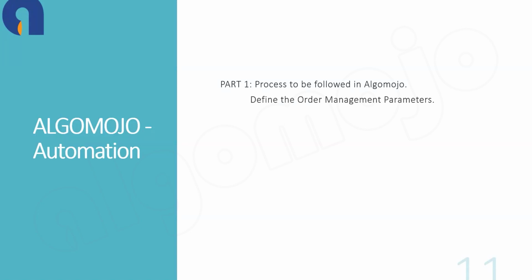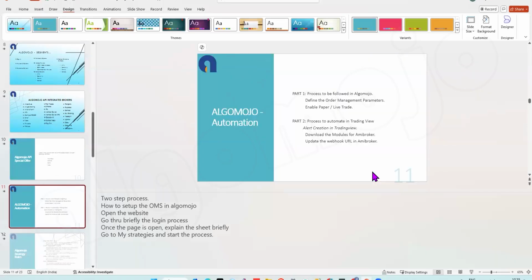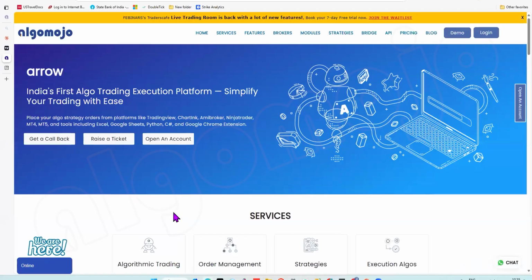The first step in the Algomojo platform is to define what you want to trade. And once you have decided what you want to trade, you can enable either live trade or paper trade and get into the automation using any of these tools like TradingView or Amibroker. So let's look at the platform and see how we use it for automation purposes.